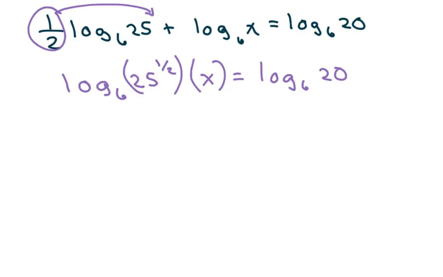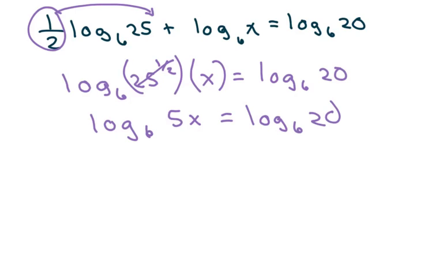So 25 to the 1/2 is the square root of 25, which is 5, so that's going to be log base 6 of 5x equals log base 6 of 20. My bases are the same here, so I just have 5x equals 20, so x equals 4.